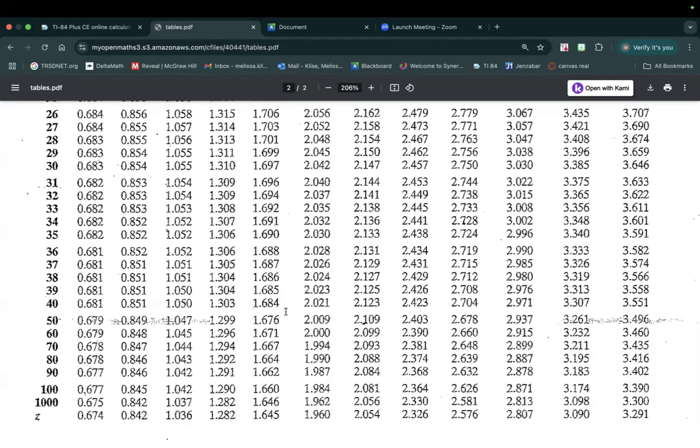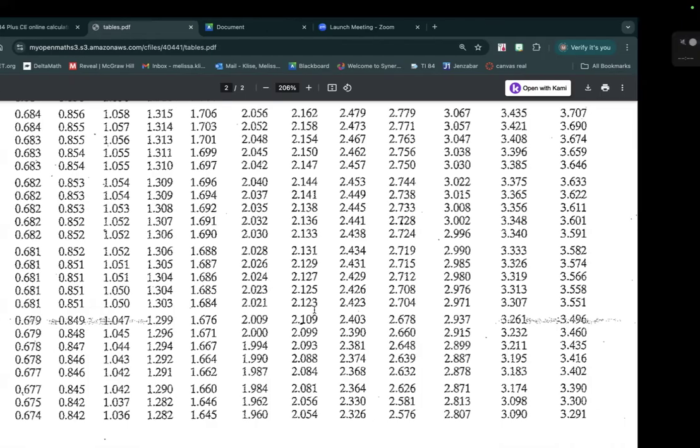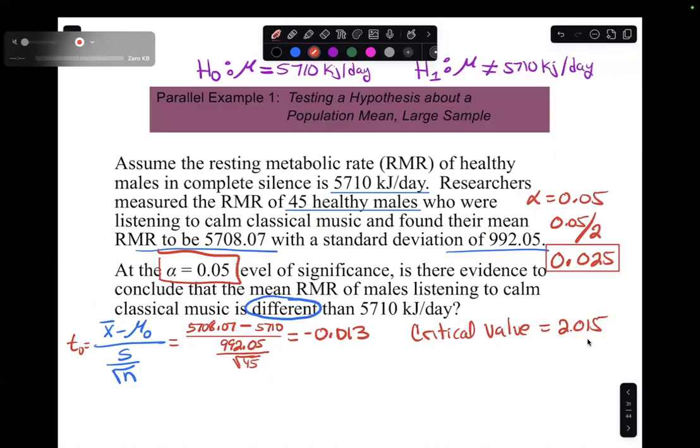See, this is a case where I probably would just use inverse T on my calculator if you have inverse T. Otherwise, just finding what's smack dab in the middle of these two values will work. I know we do 44, but it's not going to be that far off. Here's what I got. I got 2.015.